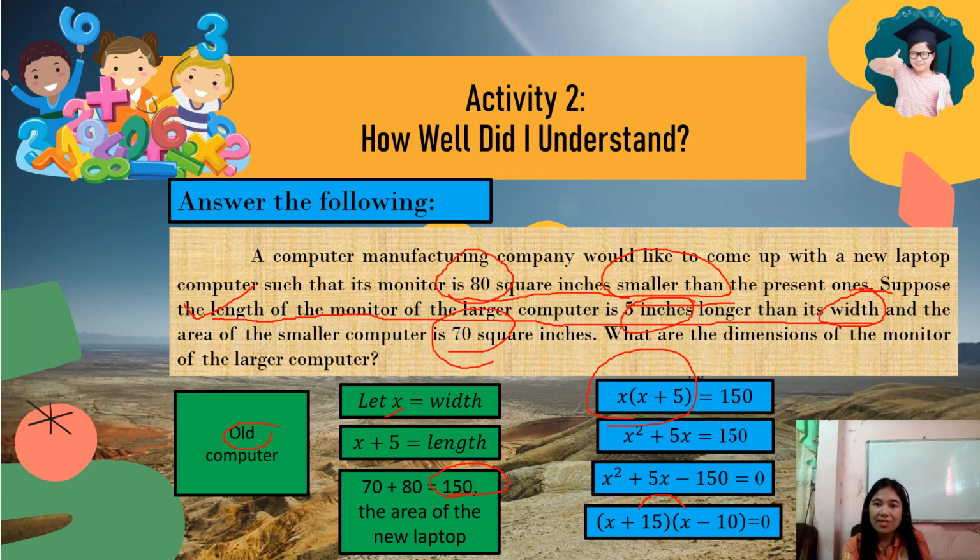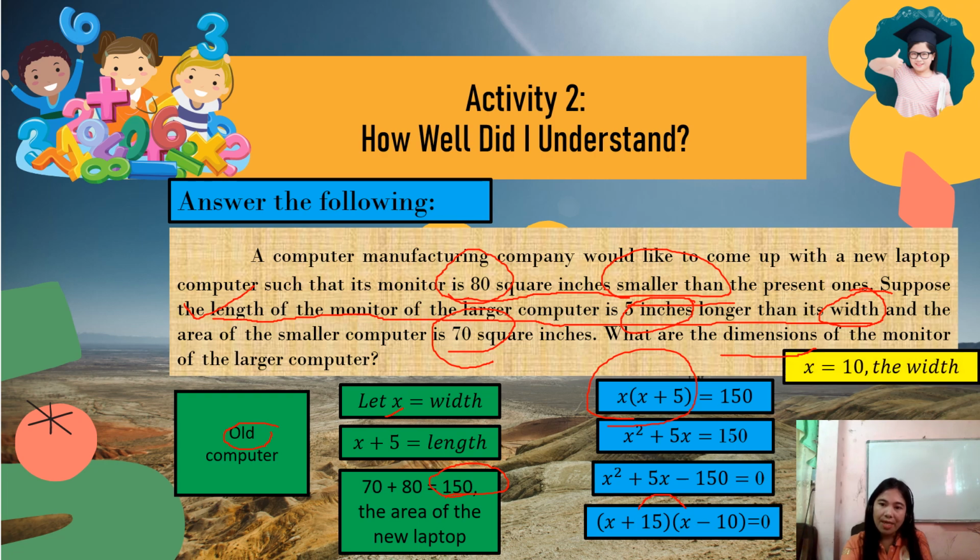And dahil nasa dimensions tayo, wala tayong dimensions na negative. Tandaan nyo yan. Pag dimensions ang hinahanap mo sa word problem, walang dimensions na negative. So, ang ibig sabihin nun, that negative 15 as the value will be discarded. Hindi siya kasali sa values of x.